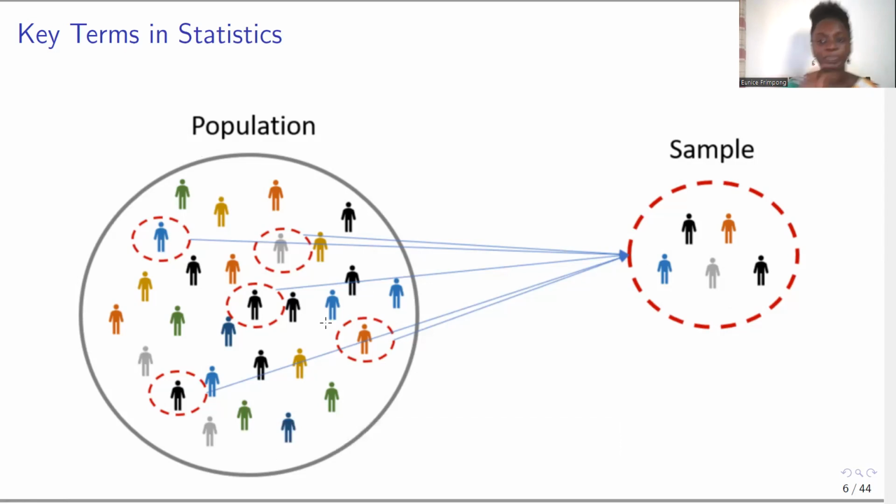So a population is the entire group you aim to study, and a sample is a subset or a group out of the entire group that you want to study. So if you decide to select just a portion of the entire group and then focus on that portion to study, that portion you have selected is called a sample.